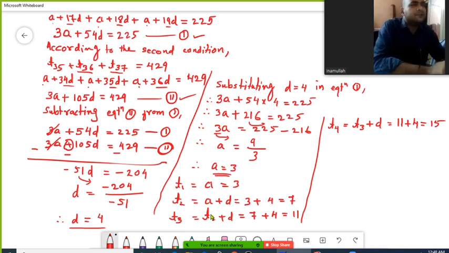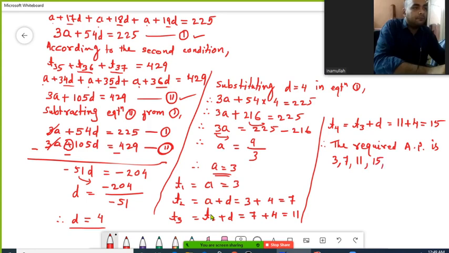Now the first 4 terms are sufficient to write your arithmetic progression. Therefore, the required arithmetic progression is 3, 7, 11, 15, and so on.